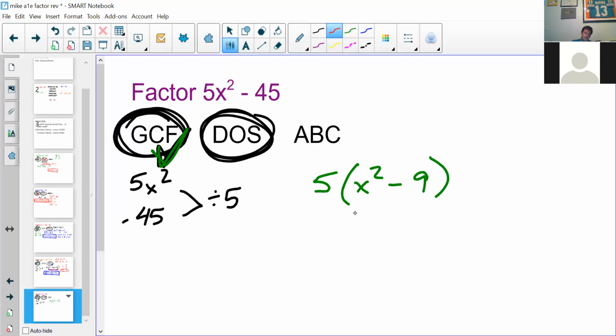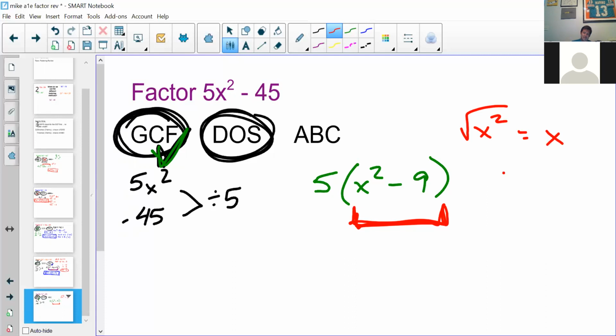Pulled out that GCF, and now I want to take a look inside that parentheses and see if I can go further with that. X squared minus 9, it's a quadratic. It's two terms, it's a binomial, so we can check for difference of squares. Is x squared a perfect square? Yes, it's x.